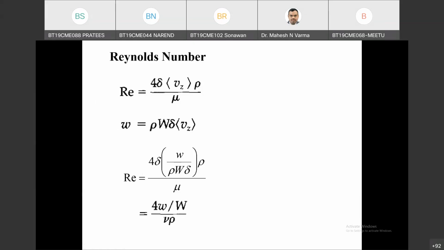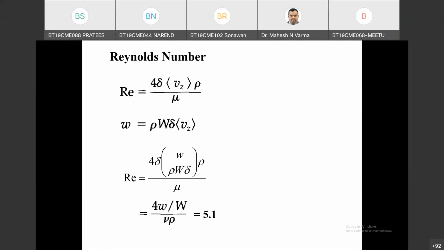Rearranging, this will be 4 times mass flow rate divided by width, divided by kinematic viscosity into density. That will be the Reynolds number, and it equals 5.1. As you know, this will be a flow without any rippling.